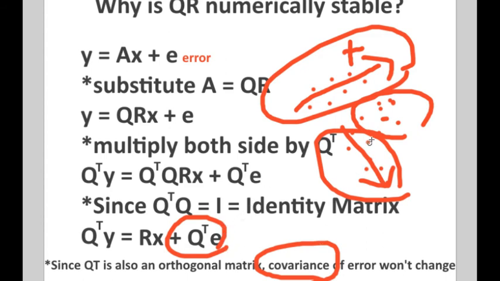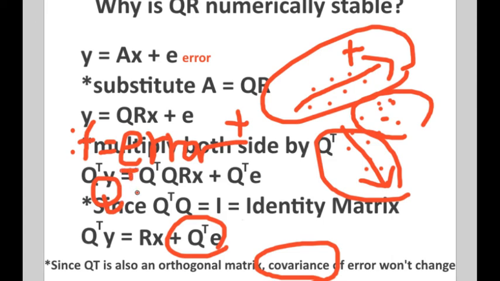If the error is positive, then Q^T E is also positive.